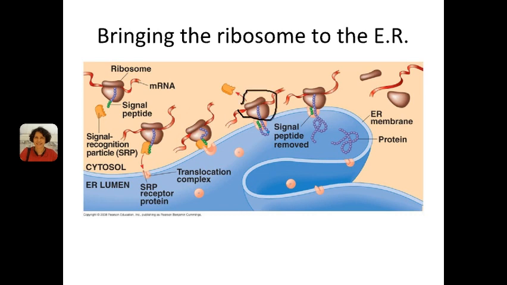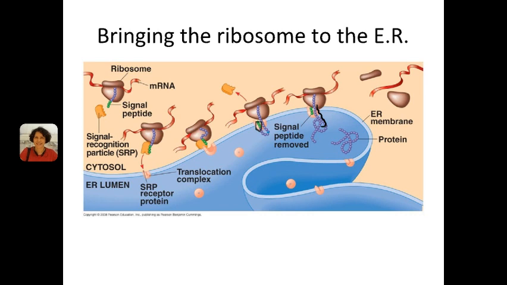The signal recognition particle is going to move off to recognize another signal somewhere else, and here we see the protein is being threaded through that translocation pore into the endoplasmic reticulum.